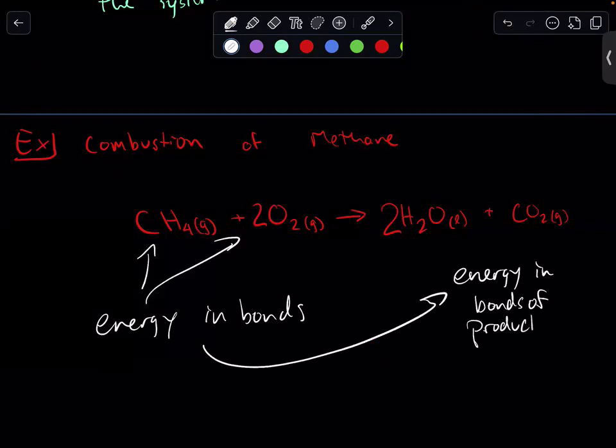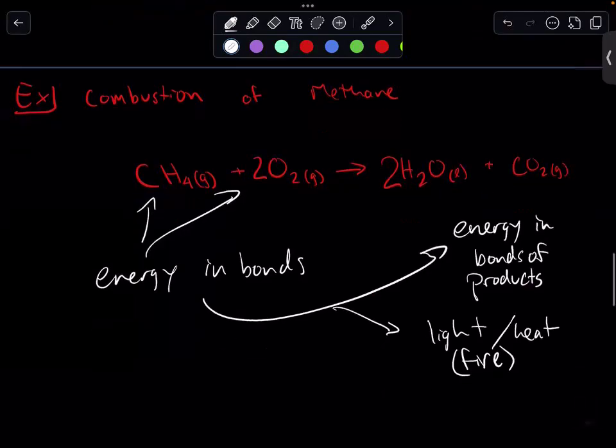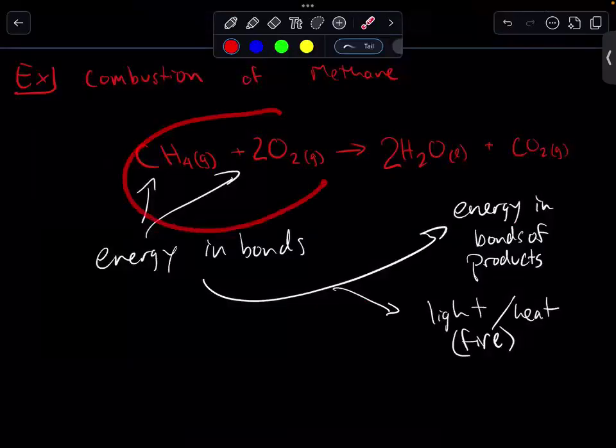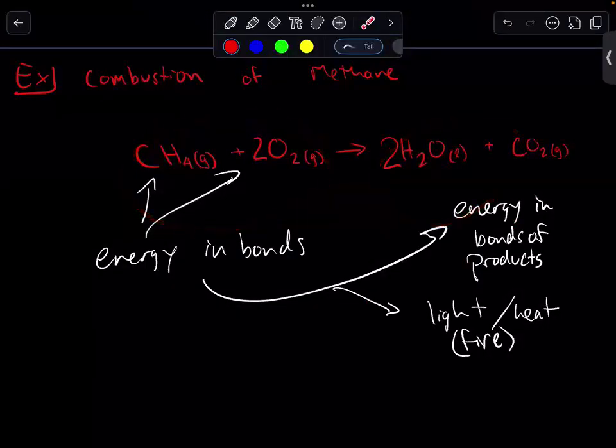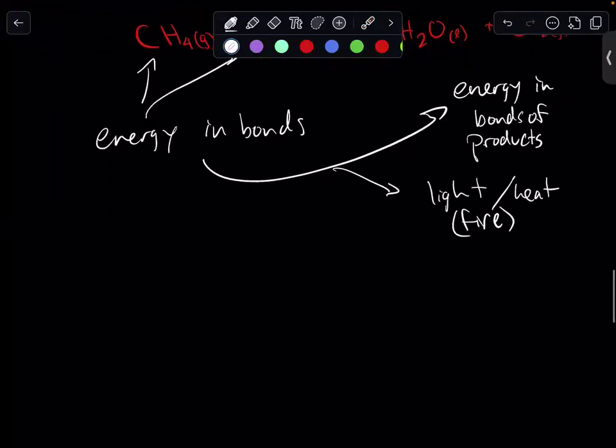But the only difference is we also get an excess of light and heat, often thought of as fire. So this is what most combustion reactions are, converting energy from the chemical bonds in our reactants to the chemical bonds of products.